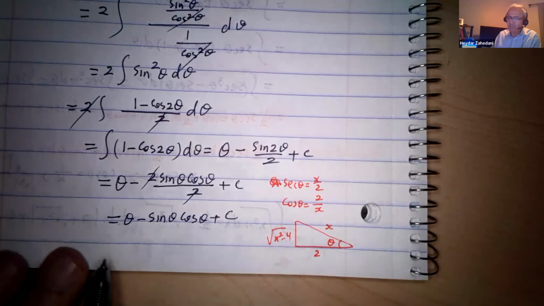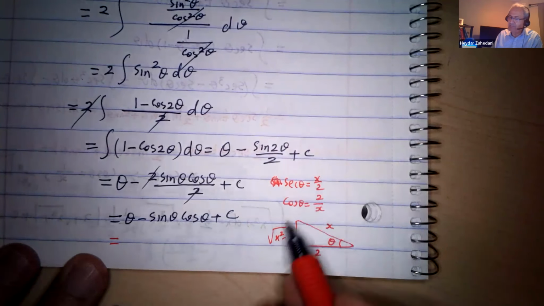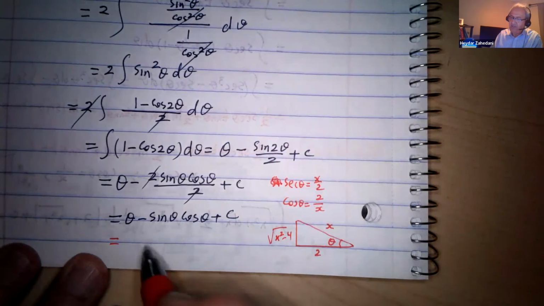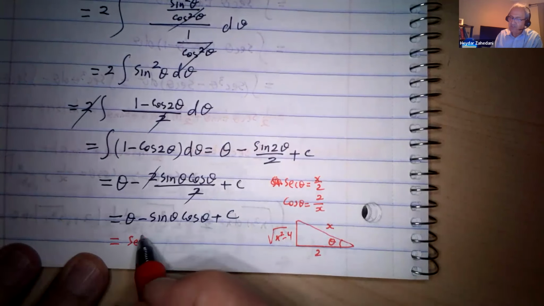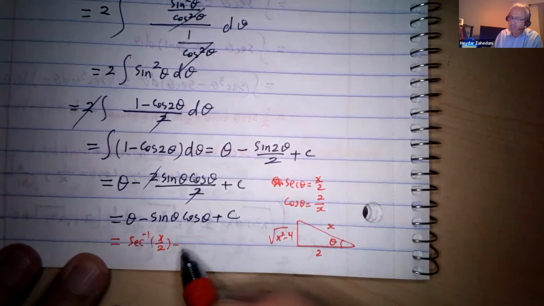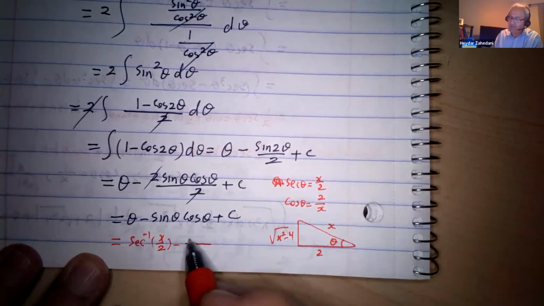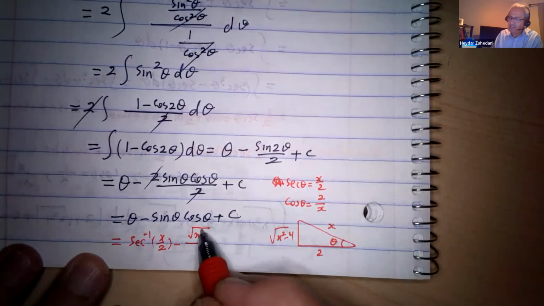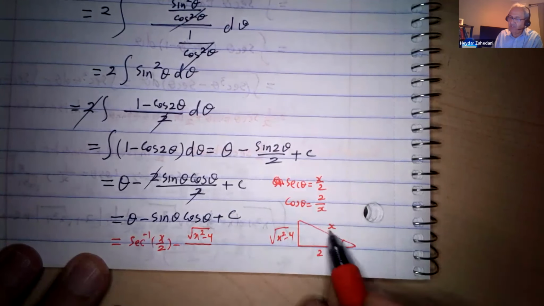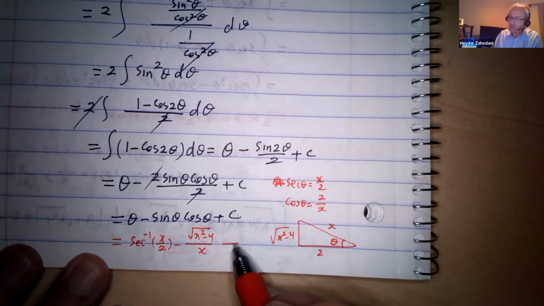So you substitute here. Theta would be secant inverse of x over 2, minus sine. Sine from here is radical x squared minus 4 divided by x, and the cosine is 2 over x, plus the constant c.